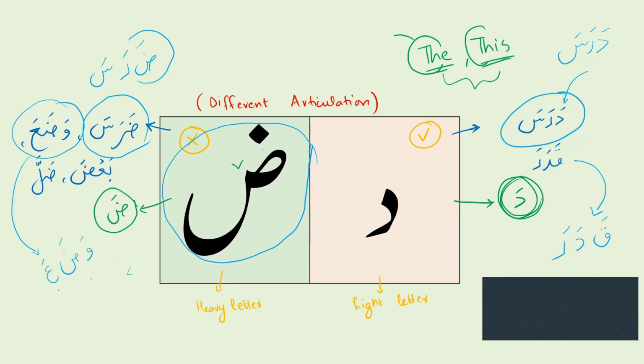We cannot say wada'a with a light sound, otherwise it will become dal. So we will make this heavy and say wada'a, like this. Okay, so the first alphabet here is a light alphabet, which is dal. The second is a heavy alphabet, which is bod, bo.